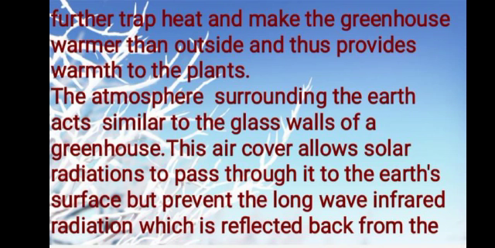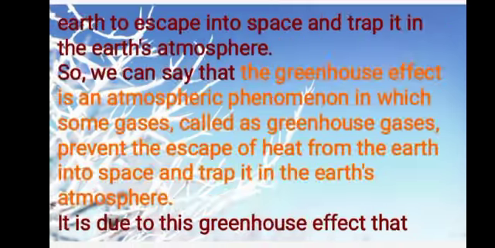The atmosphere surrounding the earth also acts similar to the glass walls of a greenhouse. This air cover allows solar radiations to pass through it to the earth's surface, but prevents the long wave infrared radiation which is reflected back from the earth from escaping into space, and traps it in the earth's atmosphere itself.